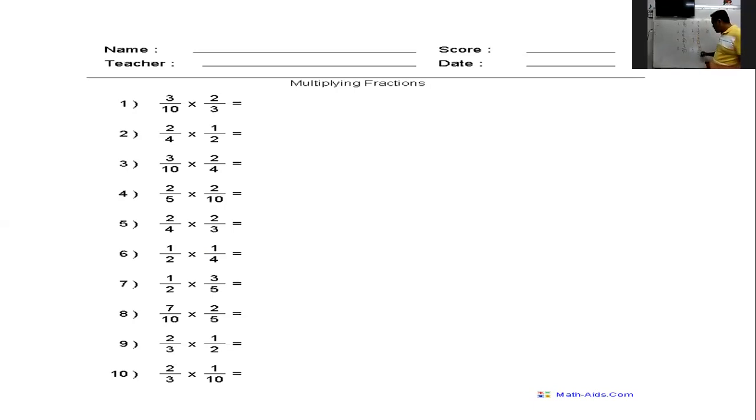The last two numbers are 2 over 3 times 1 over 2. So 2 times 1 is 2, and 3 times 2 is 6. Finally, number 10 is 2 over 3 times 1 over 10. So 2 times 1 is 2 and 3 times 10 is 30.